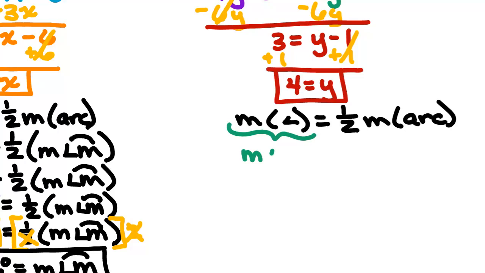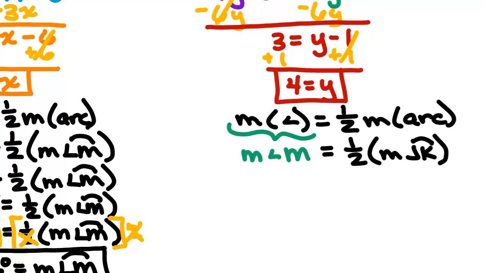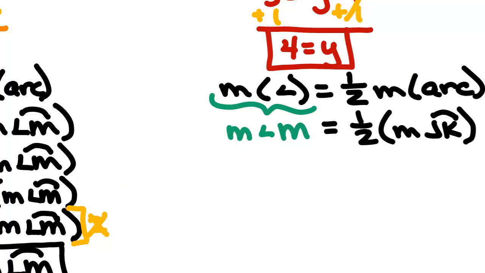So the measurement of angle M is equal to 1/2 times the measurement of arc JK. Angle M is 7y minus 1. It's equal to 1/2 times the measurement of JK.